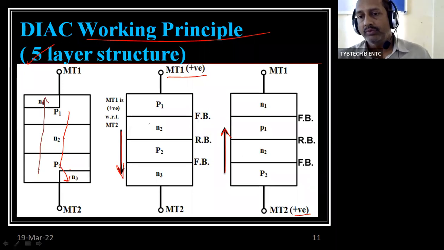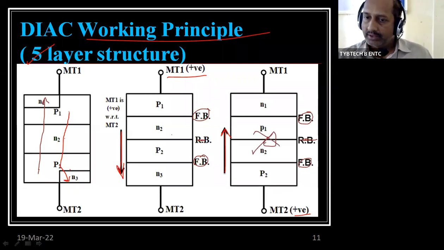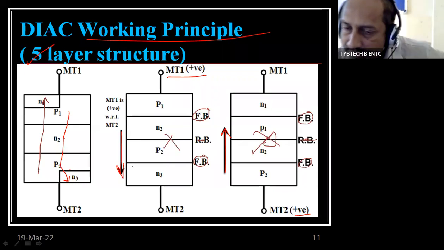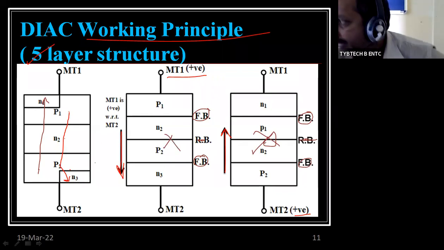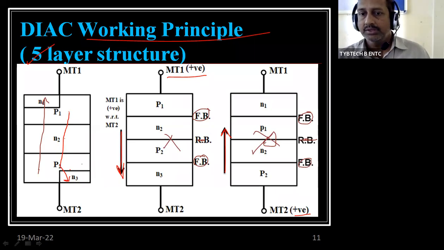At the same time, the junctions are fixed: the first and third are in forward bias, and the middle one is always reverse biased. As you increase the voltage, this reverse-bias barrier vanishes, and current flows in either direction. This is the working mode of the DIAC.